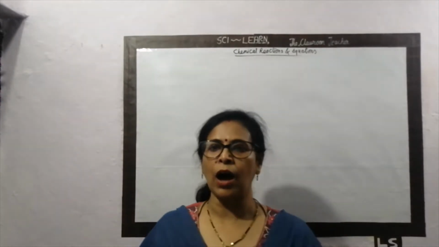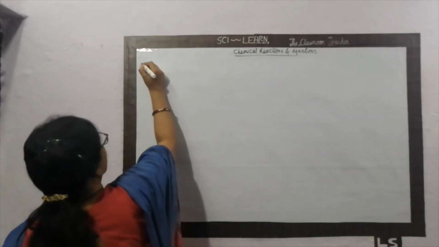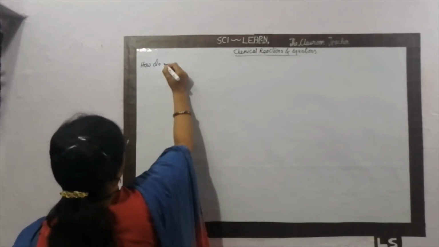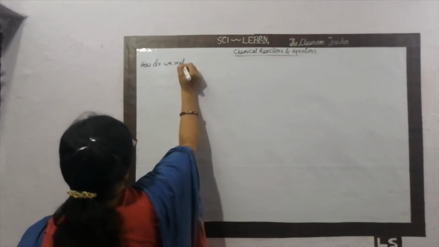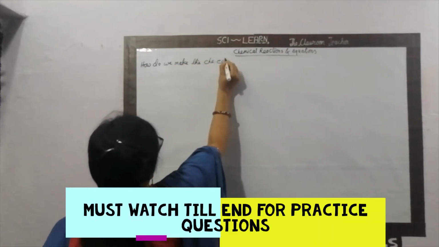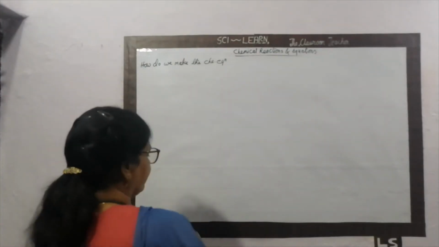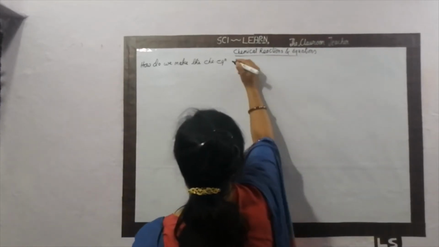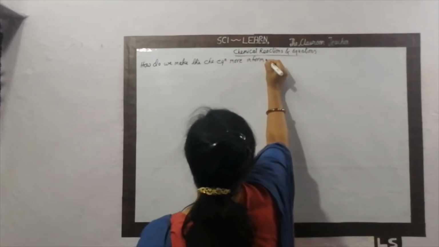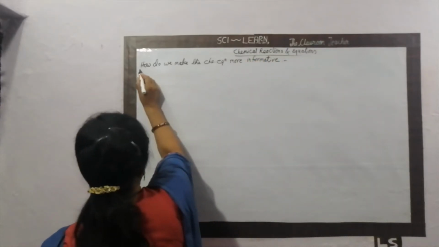So next is, how do we make the chemical equation more informative? Why is the information needed?